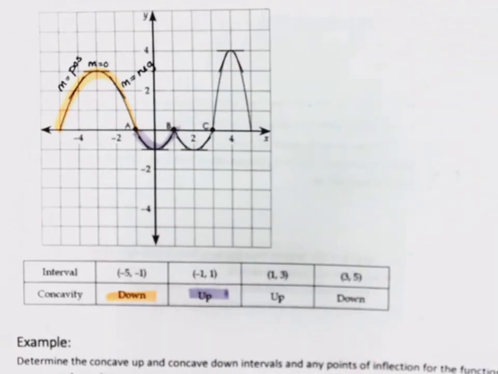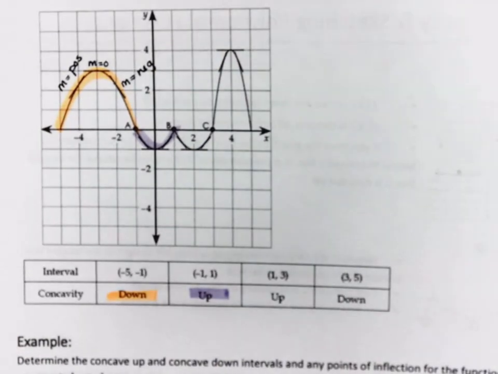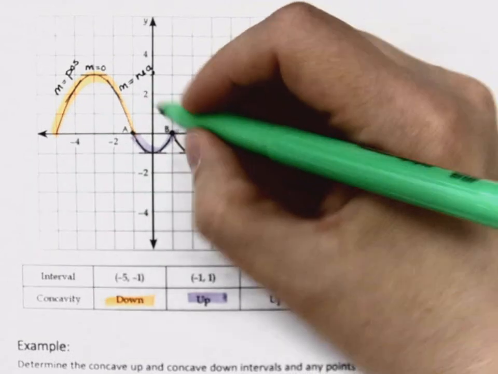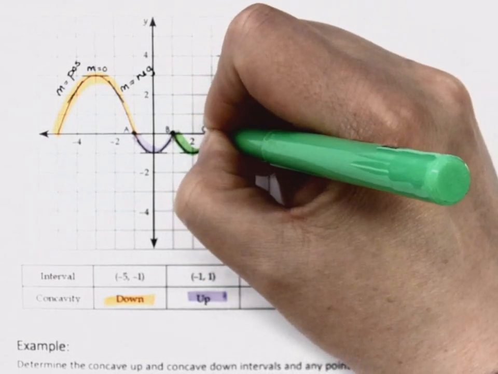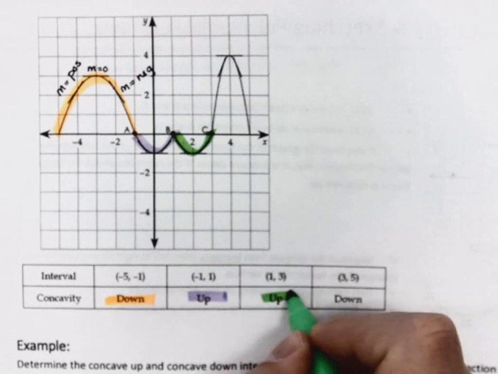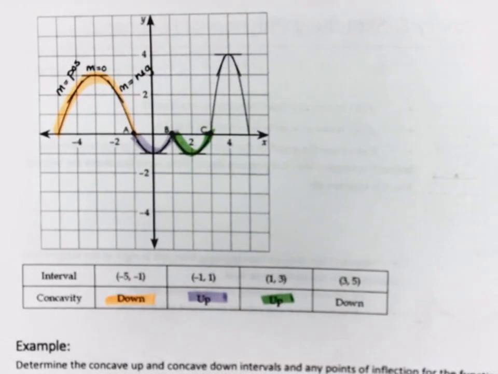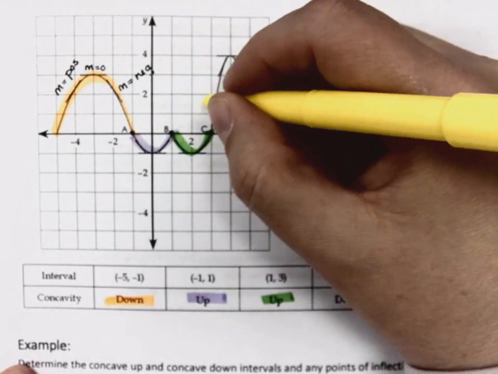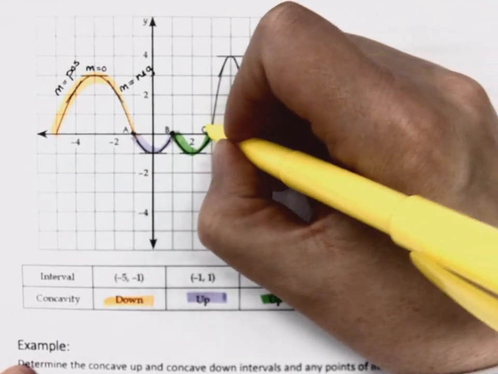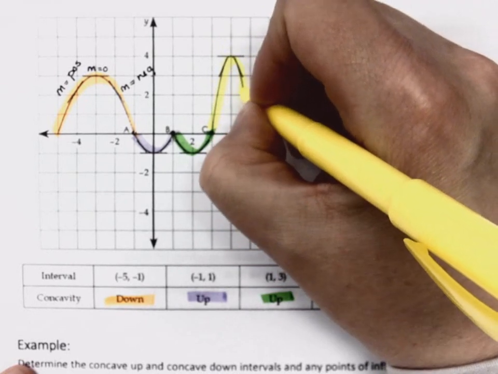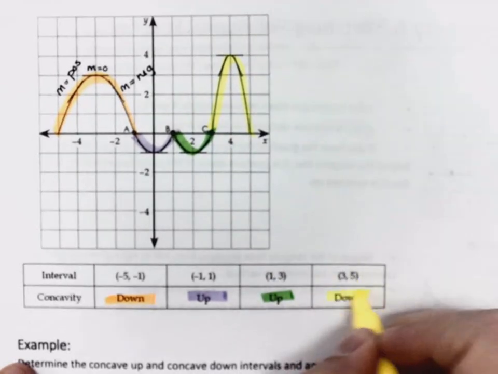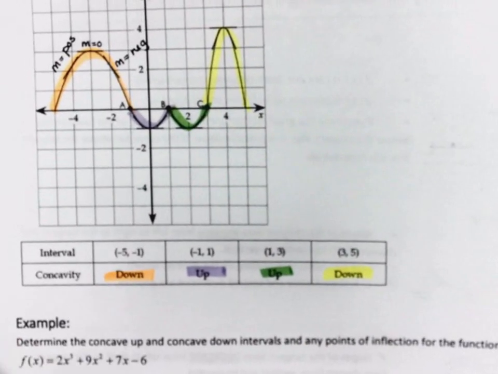And then again, from 1 to 3, it's up. You look at the graph and you're like, duh, it is up. And then we have the interval from 3 to 5, and that goes back to concave down.